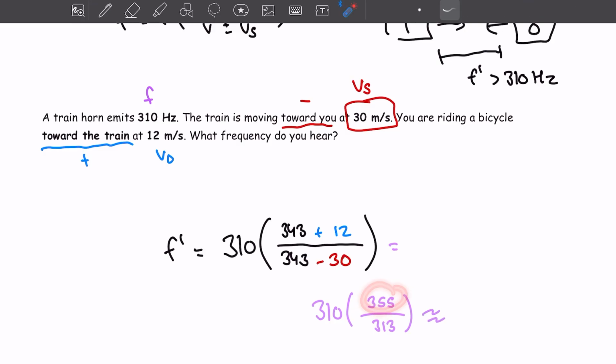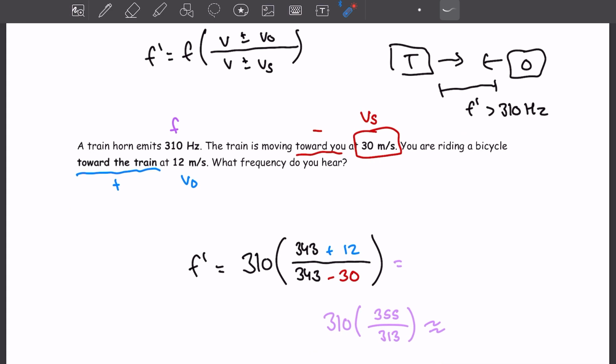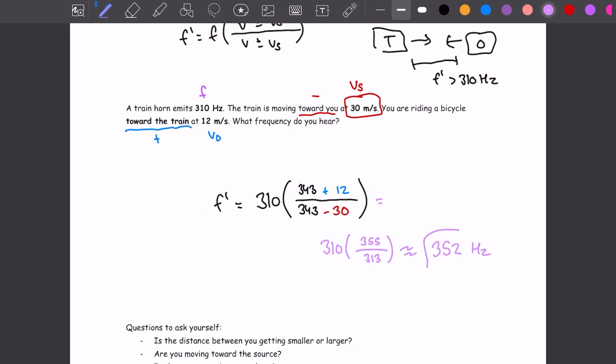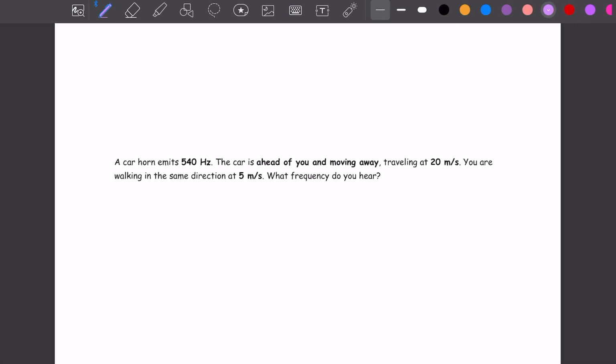So our numerator is greater than the denominator, which means that we are going to get a higher observed frequency. So we can already tell that our prediction is accurate, and we picked the right signs for this problem. And when you solve this out, you're going to get roughly 352 Hz. And there we go. We said that our observed frequency is going to be higher than 310 Hz, and we got 352. Let's move on.